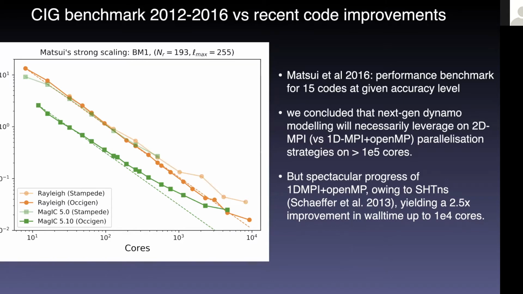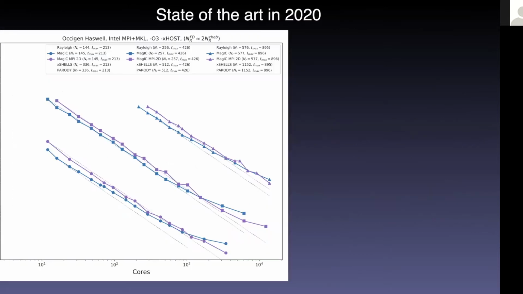You can see that both codes have progressed, but the 1D MPI code in this case, MAGIC, has progressed in quite a spectacular way owing to the progress of the spherical harmonic transform library SHTns of Nathanael Schaeffer. This has been a 2.5 times improvement in wall time. So it's no longer completely clear whether 2D MPI still will have the edge on a large number of cores.